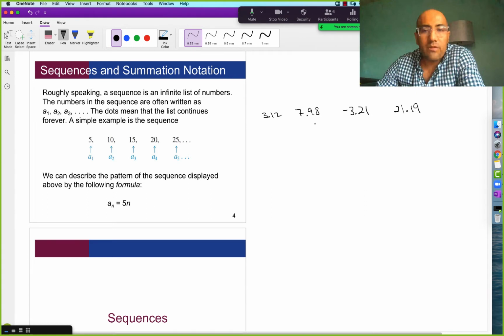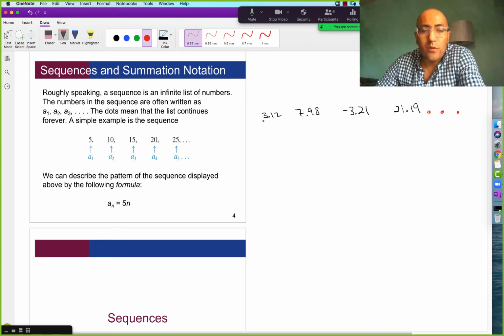Maybe there is some reason for how you go from one number to the other, but at the moment there doesn't seem to be one, and that's okay. A sequence doesn't have to have a pattern to establish how you go from one to the other. It's simply a list of numbers. That list goes on forever, so we indicate these little dots to show that it keeps going.